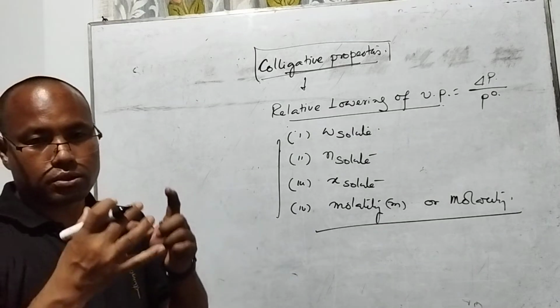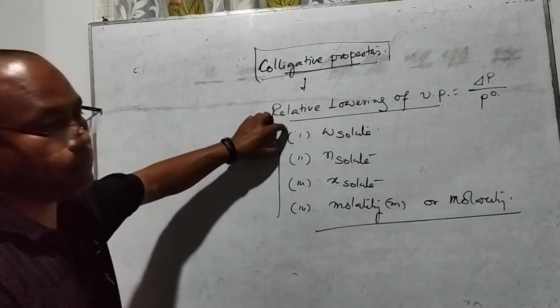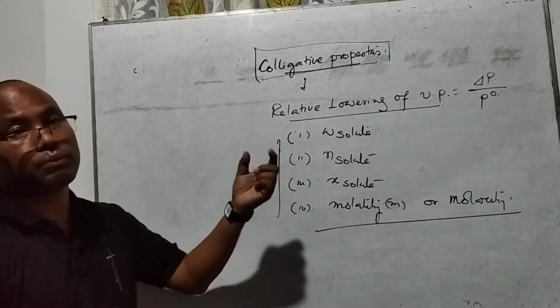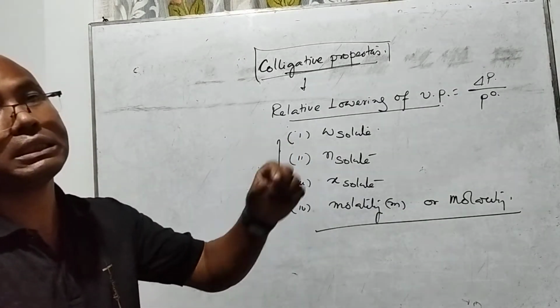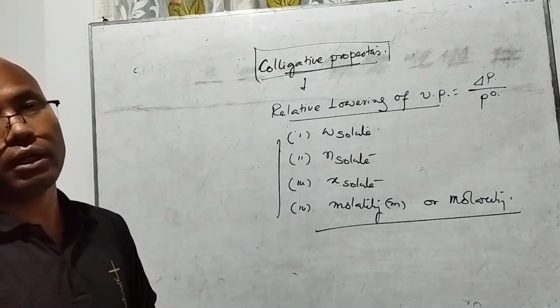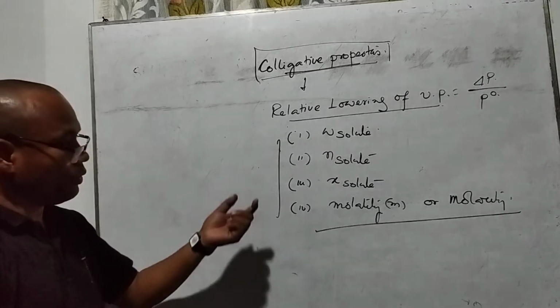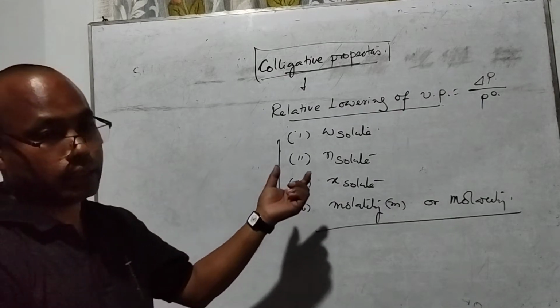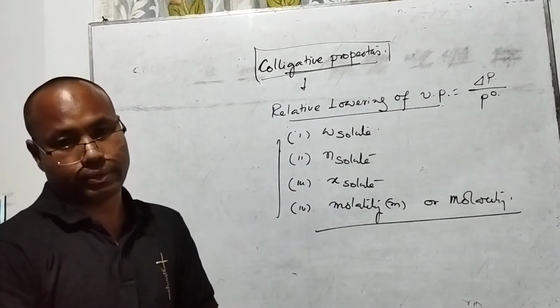Which depends on, number one, the amount of the solute added, number two, the number of moles of the solute present in the given amount of the solvent, or the mole fraction of the solute, or the molarity, right?